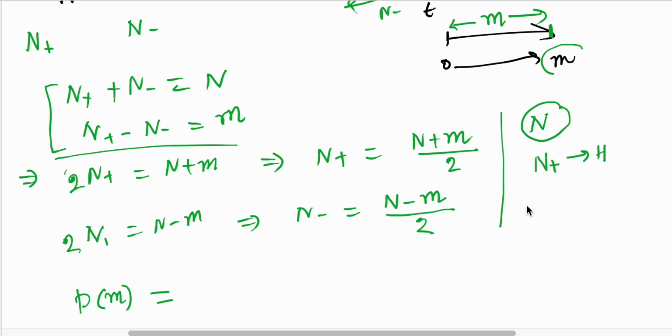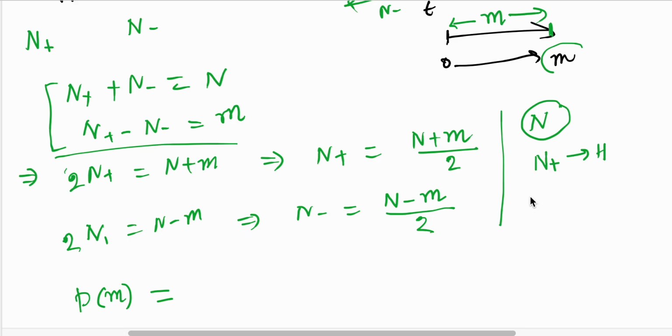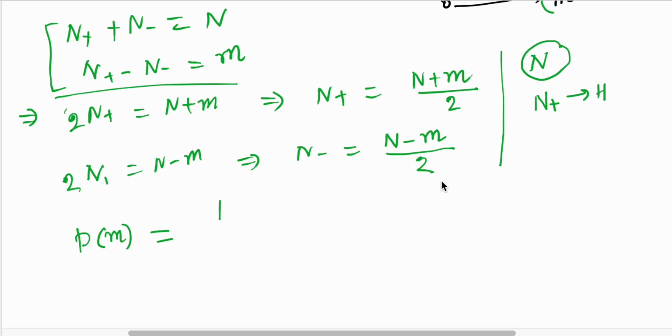This is nothing but a simple binomial sampling problem, which is about how many ways you can rearrange the n outcomes to get n plus heads out of them.